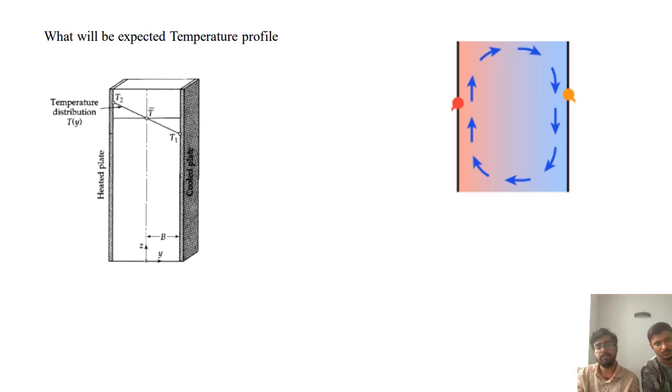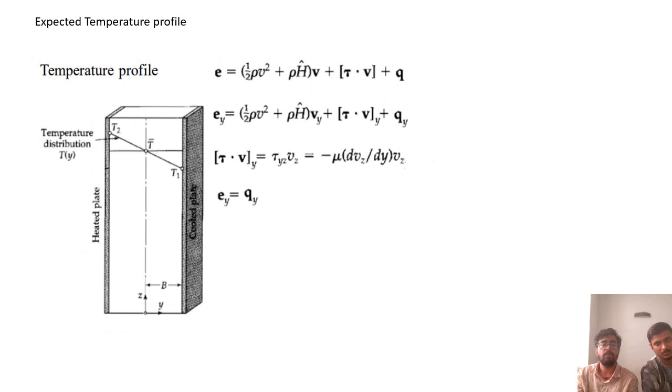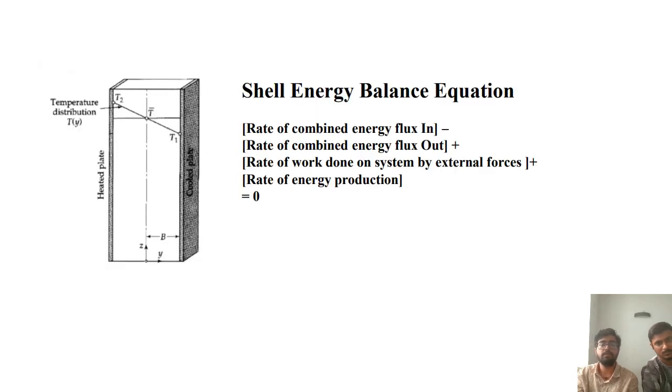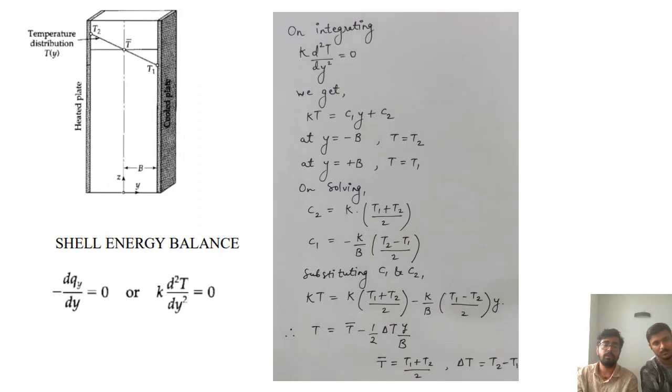After assuming velocity in only the z direction, we get the combined flux equation. We use this combined flux equation to get the temperature profile. So first we got the temperature profile because the velocity depends on the temperature profile. For this, we use the shell energy balance. We got this temperature profile from there.